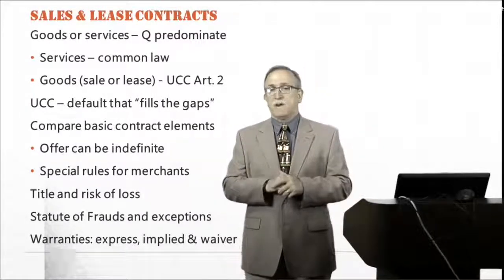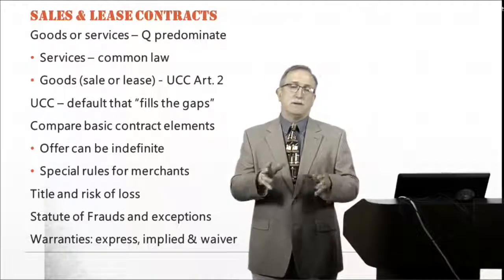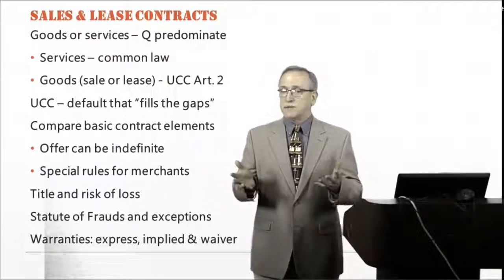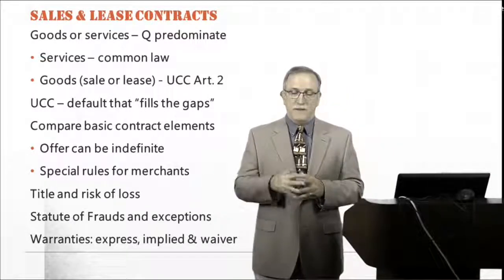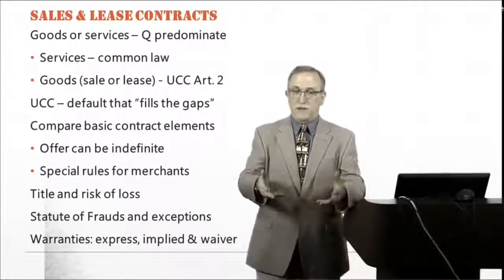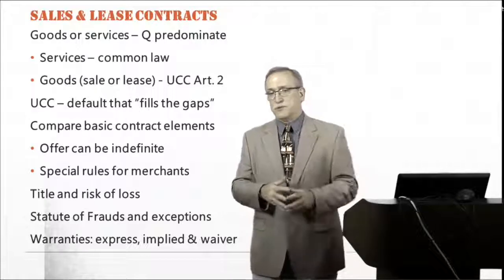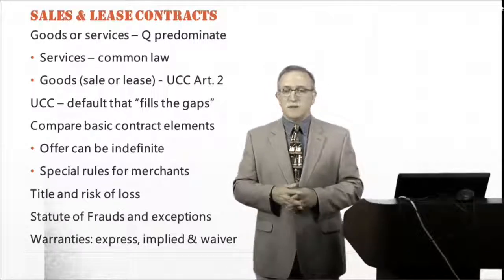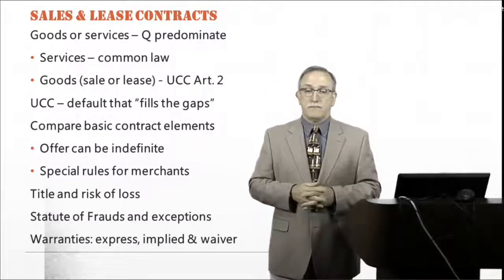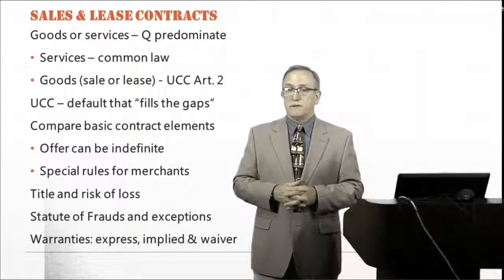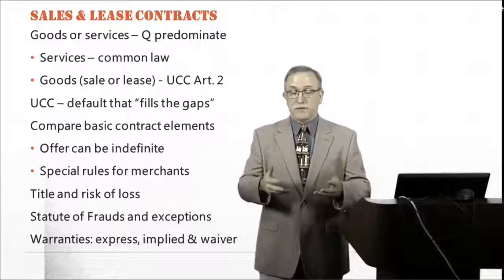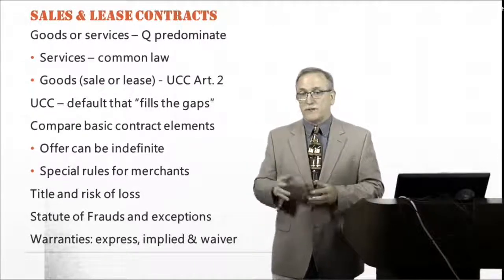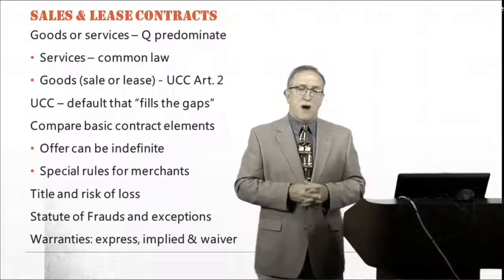Important to understand the law of sales applies to both merchants and non-merchants. So if you have a neighbor who has a garage sale and they tell you, oh yeah, sure, you can use it for this purpose, and you end up being harmed or hurt, you can sue that person for a breach of an implied warranty of fitness for a particular purpose.